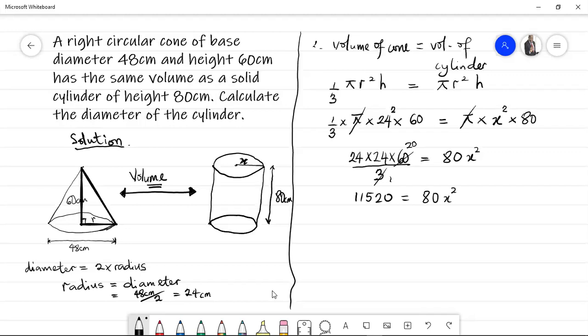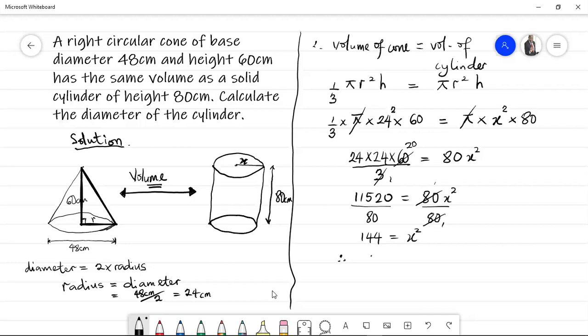Of course, dividing both sides by 80 so that I can have x squared remain alone, 11,520 divided by 80 should give us 144. So 144 equals x squared.